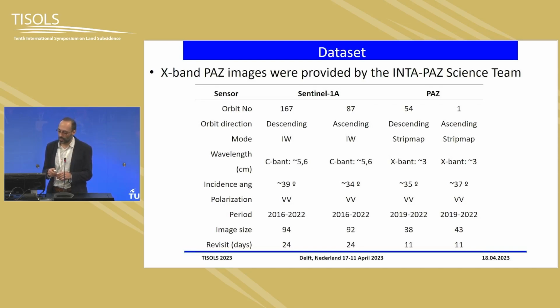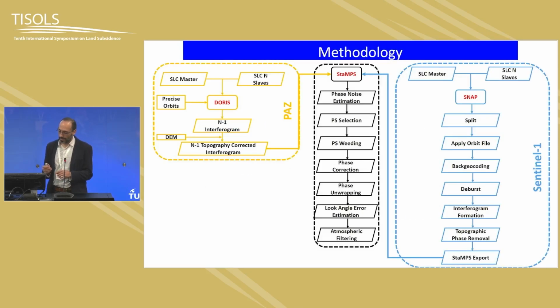In general, we use StaMPS for the deformation analysis to extract the persistent scatterers, and we used Doris for the PAZ data to create the interferograms and SNAP for the Sentinel-1 interferogram generation.